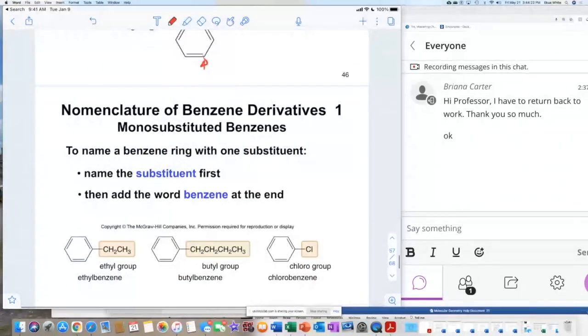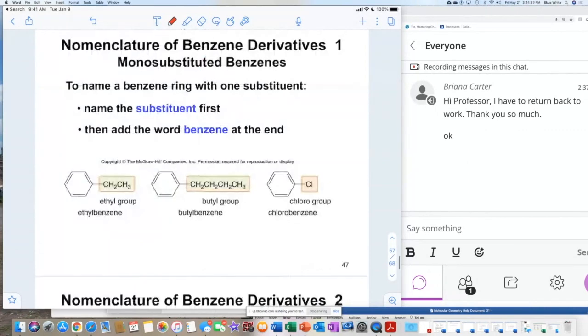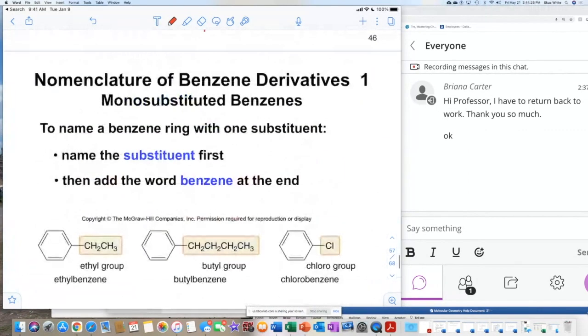Okay. So we need to know how to name benzenes. With benzene, it says here, name a benzene ring with one substituent. So we're doing that first. You want to name the benzene ring that has one substituent. That's our goal. First, you want to name the substituent. We always start from the longest chain.